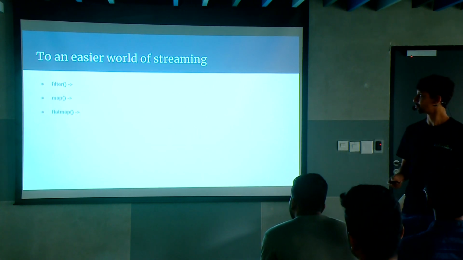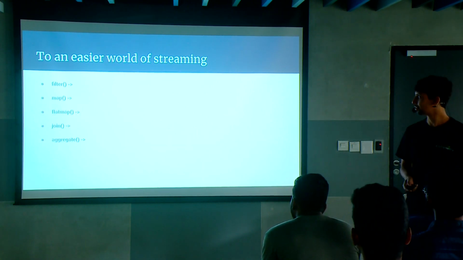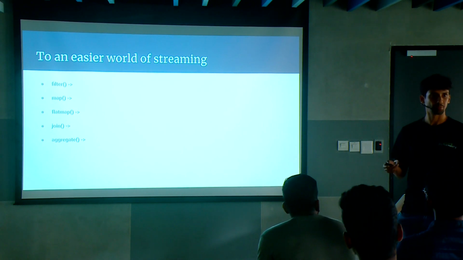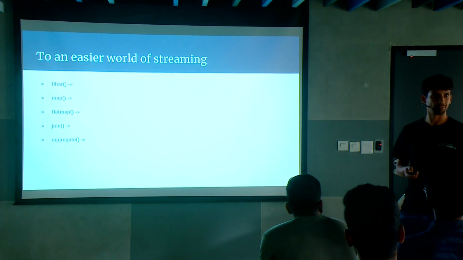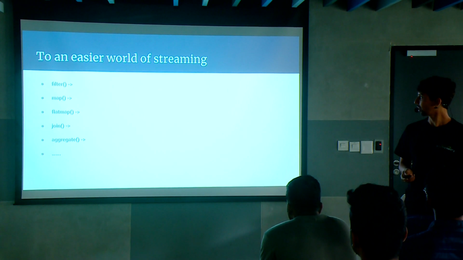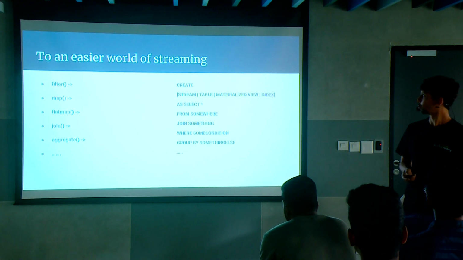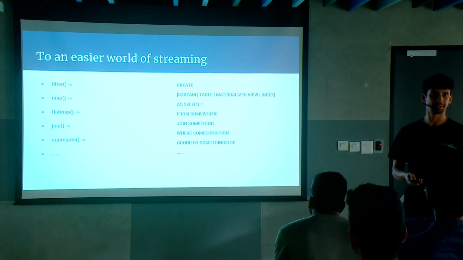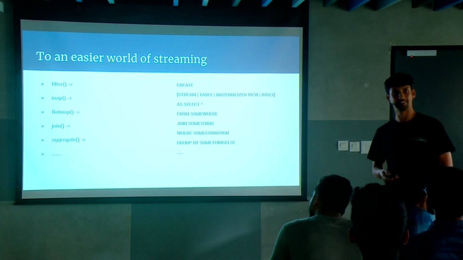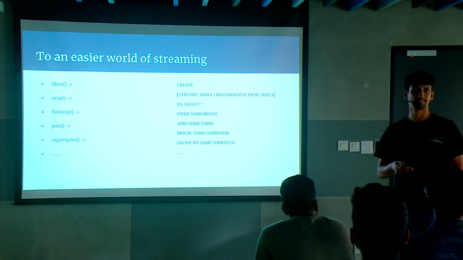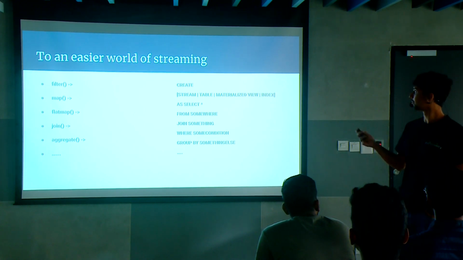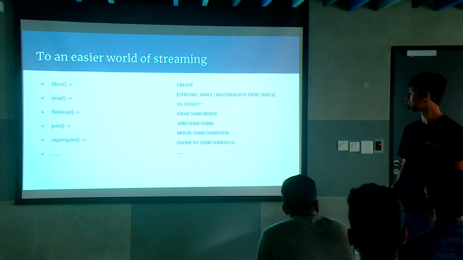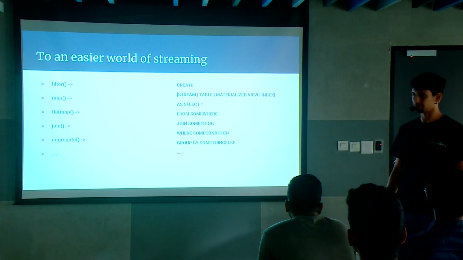You've got filters, maps, flat maps, joins, aggregations. These are expressed typically in a functional paradigm, but being able to express that with SQL-like semantics, ideally in some standard dialect of SQL, is kind of where, in my opinion, the future of stream processing is headed.